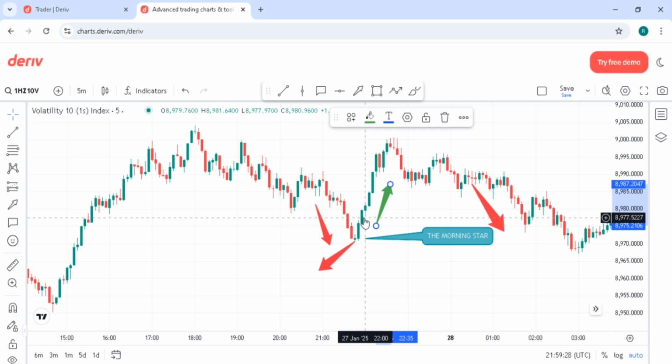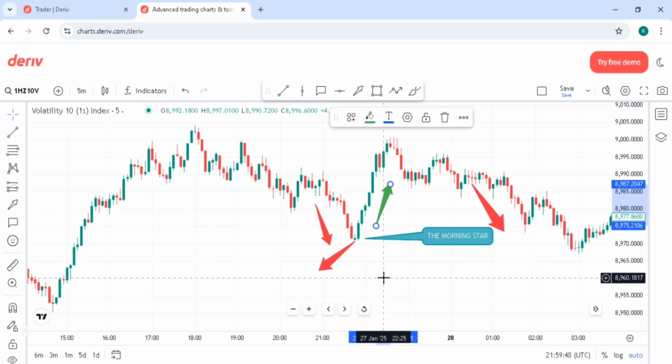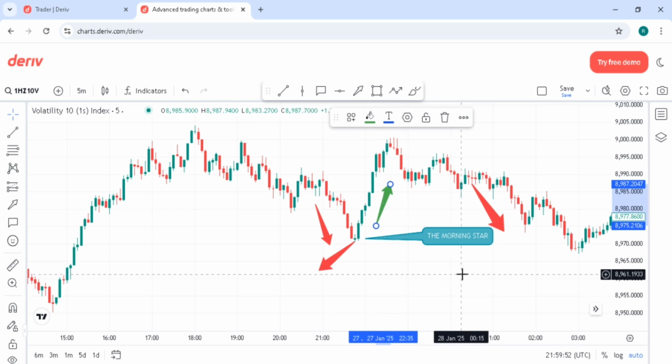That's why I'm saying we would enter a trade using 10 minutes to take care of the retracement candlestick, and then this one would give us the profit. But in this case there is no retracement candlestick, so if we enter the trade at this point and exit at this point, we would still make profit. So that is very, very important. So this is the morning star.